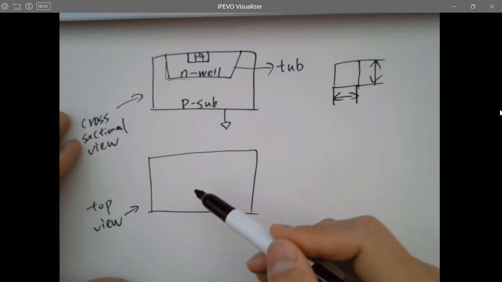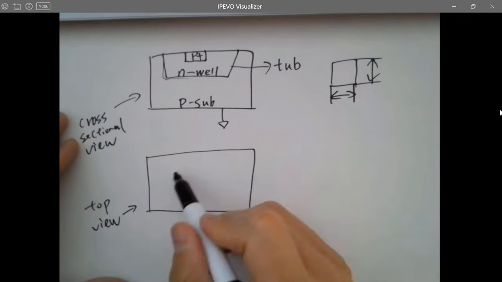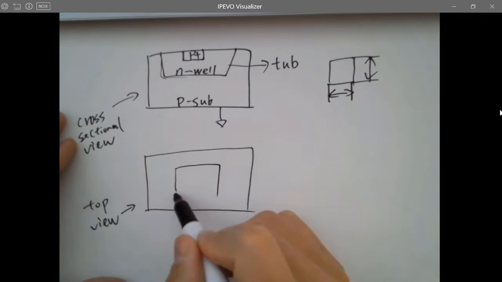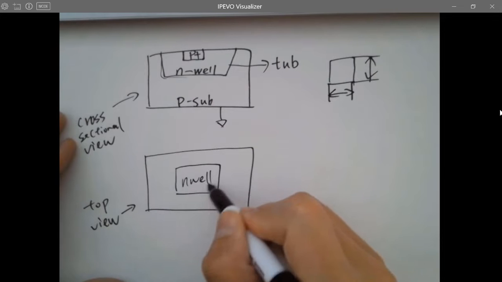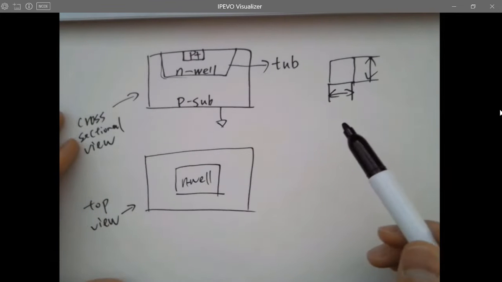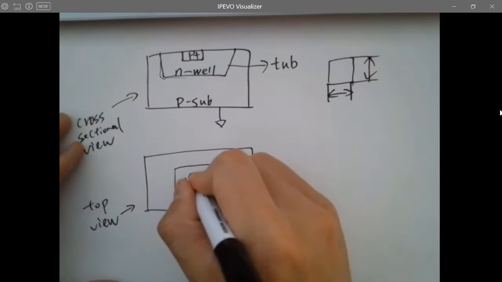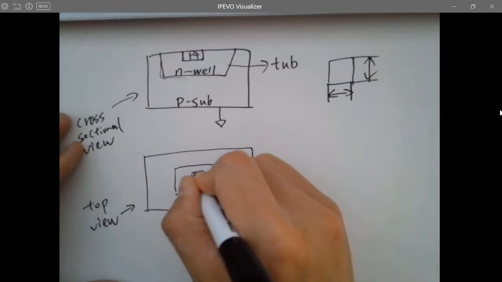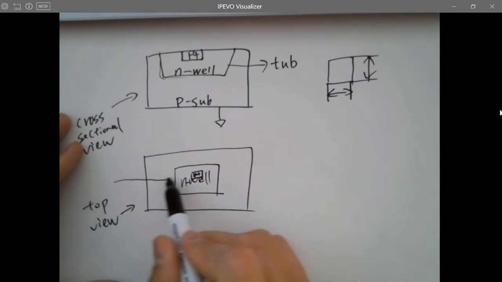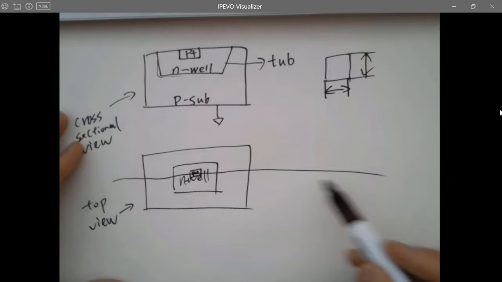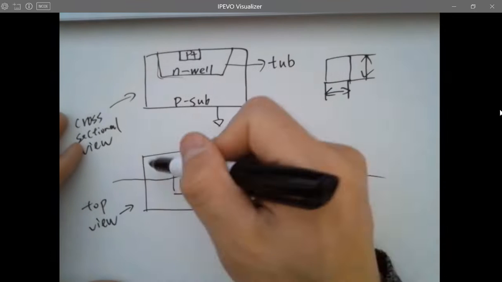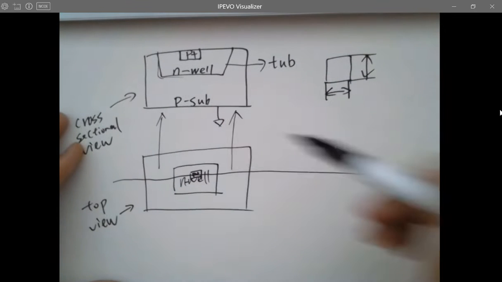If you look from the top, it's probably just an N well like this, and in the middle there's a P plus. So I make a cross-sectional view here, across this line, and I look from the side, I'm going to see this, for example, all right?